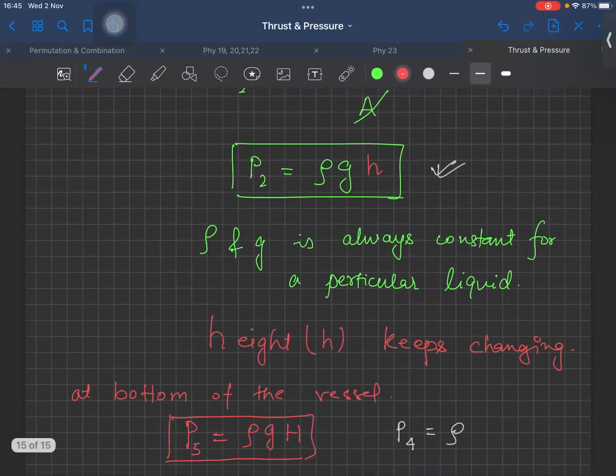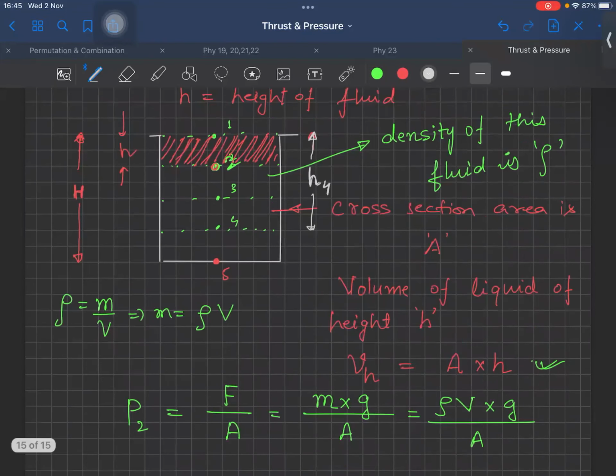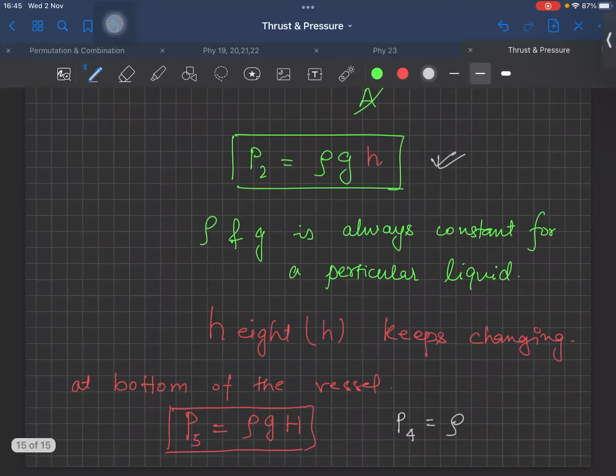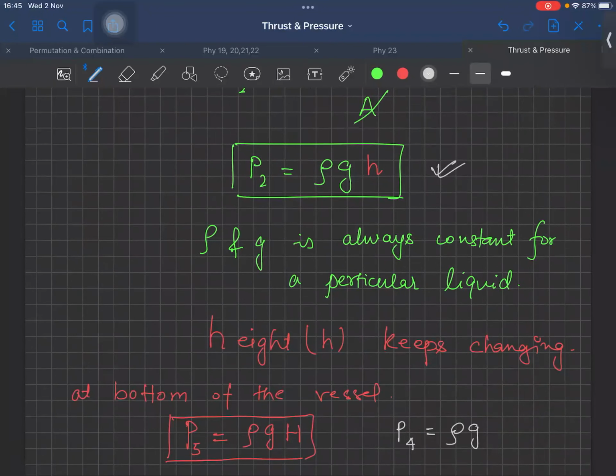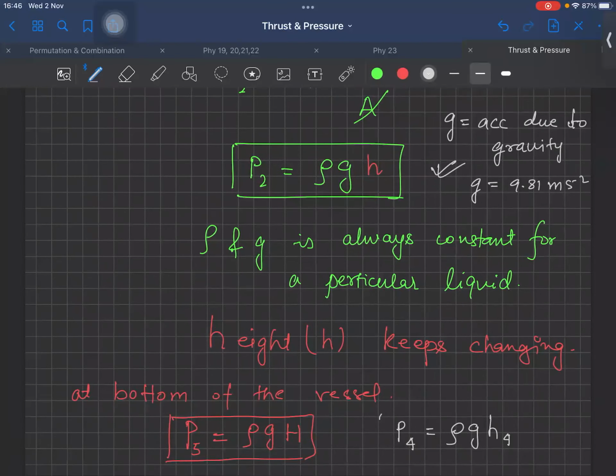So pressure at point 4, what will be the pressure? Sir, rho G H4. Yes, G is acceleration due to gravity, and mostly we'll be taking G as 9.81 meter per second square. Rho G H4. Understood? Yes, sir. So that's how we will calculate.